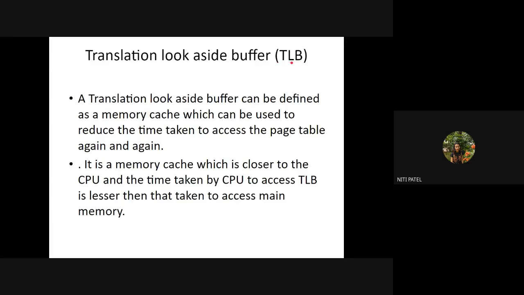It is this TLB. Okay, so this TLB, which is a memory cache, is kept very near to the CPU. So what will the CPU do? Instead of going to the page table first, it will first check the TLB. Why will it check the TLB? Because it takes less time to access the TLB as compared to the time taken to go and access the page table and then go to the main memory.